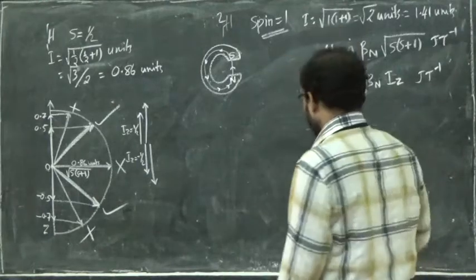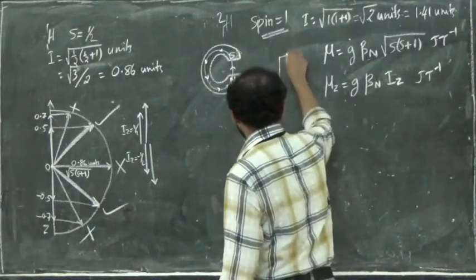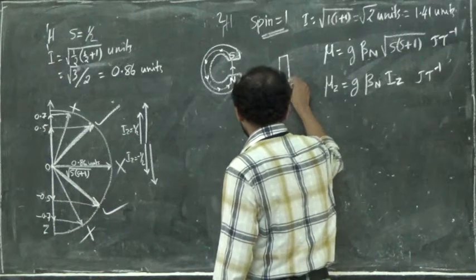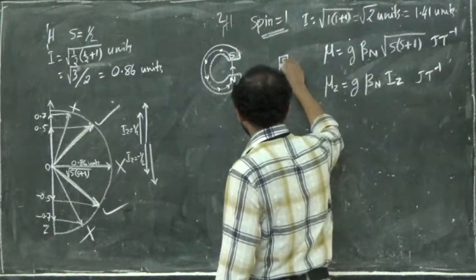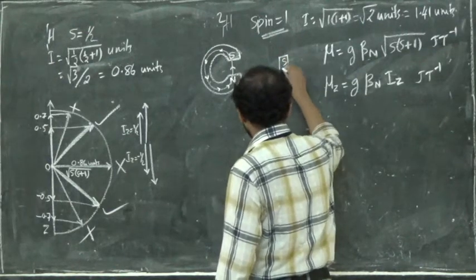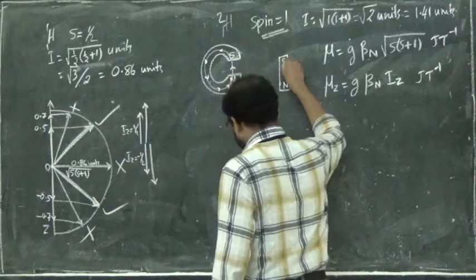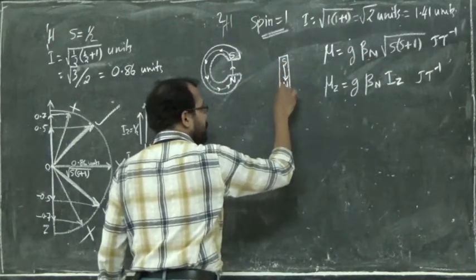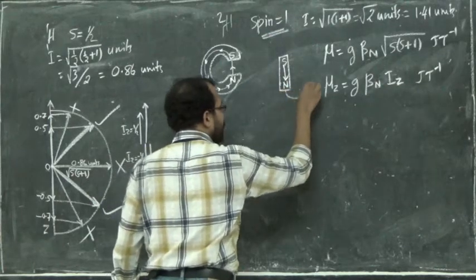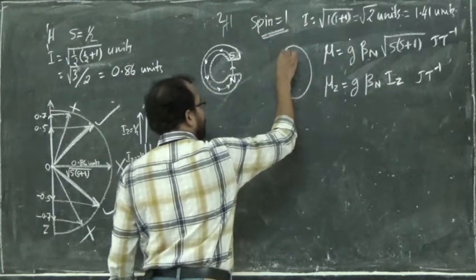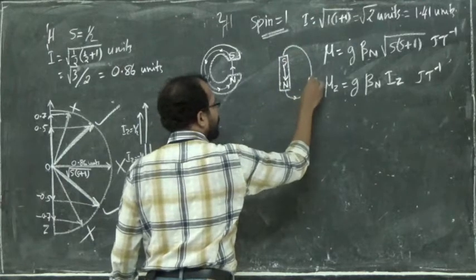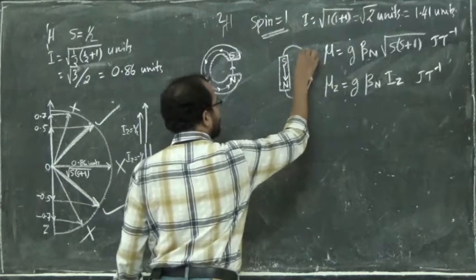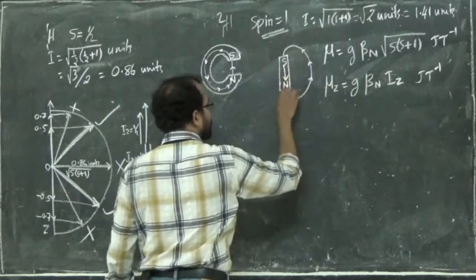Or if you are considering a bar magnet like this, and this is south and this is north, the magnetic lines of force inside the magnet will be from south to north like this, then it emerges out of the magnet and proceeds like this.